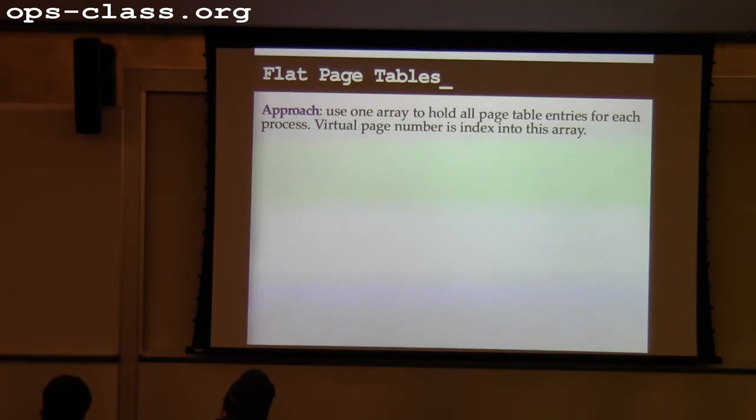And I have 2 gigabyte virtual address spaces. So what I could do is say, for each virtual page in the address space, I create one big array, and I use the virtual page number as an index into that array, right? And in that array, I store the page table entries, right?